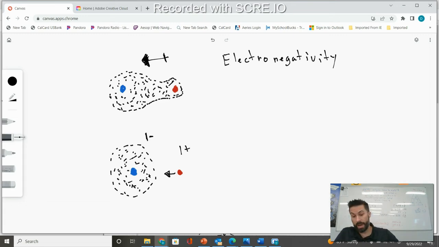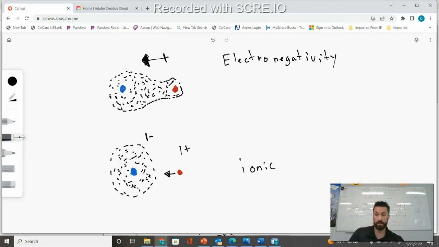But the electrons are actually going to be spending pretty much all of their time around your blue atom and none of their time around the red atom. And that is what we call an ionic bond. Why is it ionic? Well, it's because one's negative and one's positive. And that all has to do with how attracted the electrons are to the atom, which is the electronegativity.